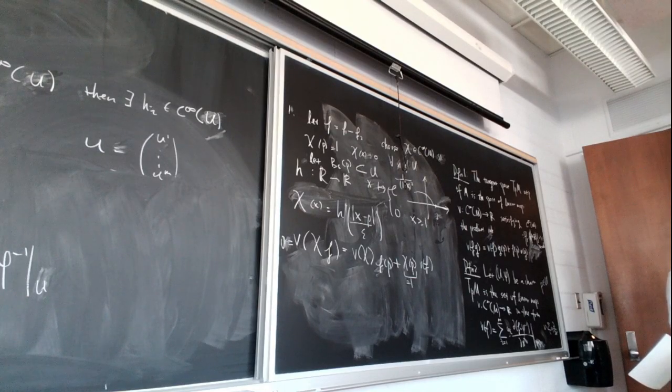So by the product rule, V of chi squared is V of chi plus V of chi, and so it has to be 0.